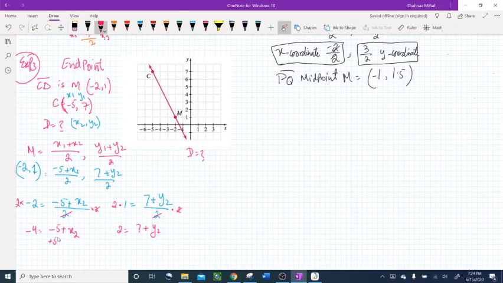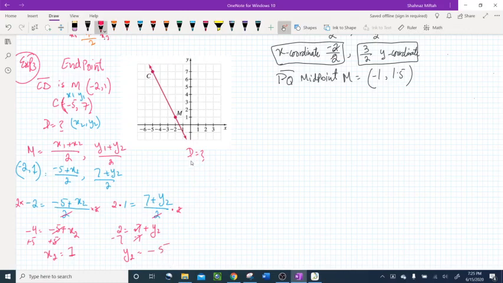I'm going to add 5 to both sides so I can get x2 by itself. Then x2 equals 5 plus -4, which gives me 1. For this one, subtract 7 because of the opposite operation. The 7s cancel, and I get y2 equals 2 minus 7, which is -5.